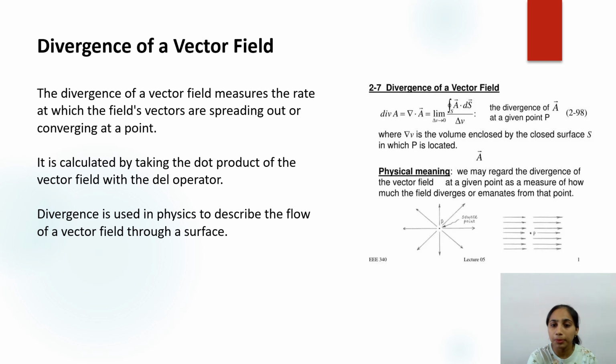And the physical meaning: we may regard the divergence of a vector field at a given point as a measure of how much the field diverges or emanates from the point.